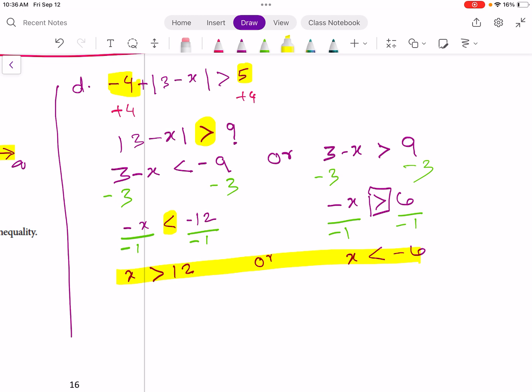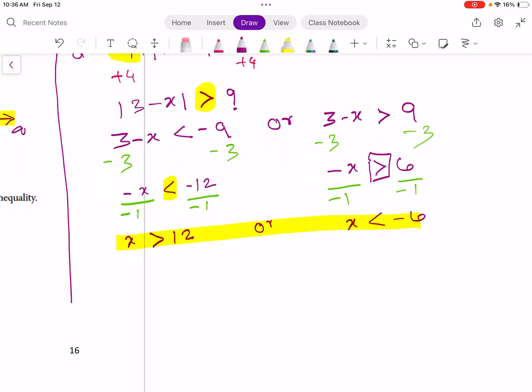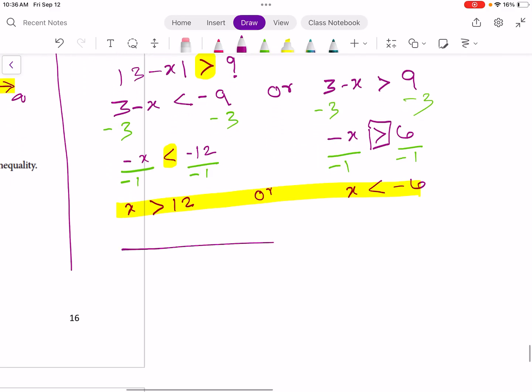Now how do we write this in interval notation? You draw a number line. So we have -infinity, +infinity. Now we have -6 and +12. A negative number has to be on the left, right? So this is +12. We do not have an equals to sign, so open circle at -6, open circle at 12.